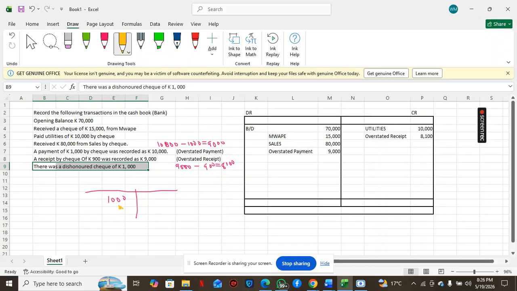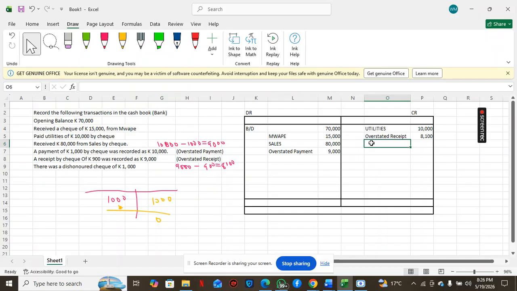Because the person who gave you the money didn't have money, in order to correct this error, you need to credit the cash book 1,000. 1,000 minus 1,000 is 0. It erases the transaction. If you debited here, it would mean you're saying you have received another 1,000.